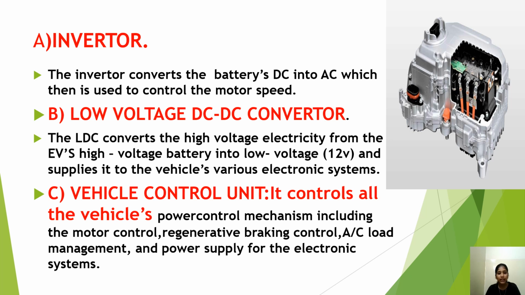Third one is the vehicle control unit. It controls all the vehicle's power control mechanisms, including motor control, regenerative braking control, AC load management, and power supply for the electronic systems. This is the pictorial representation of an EPCU.